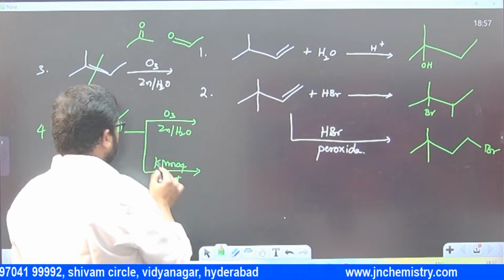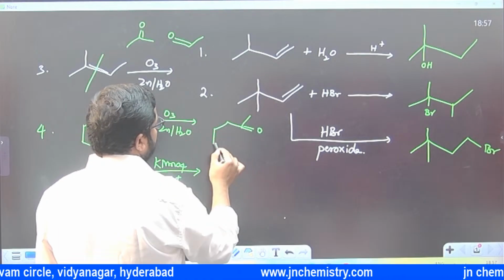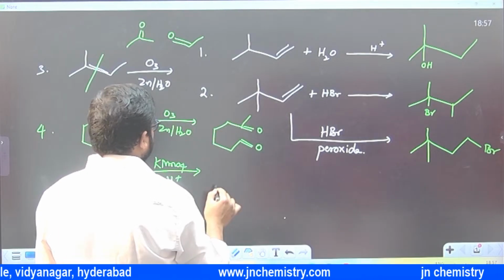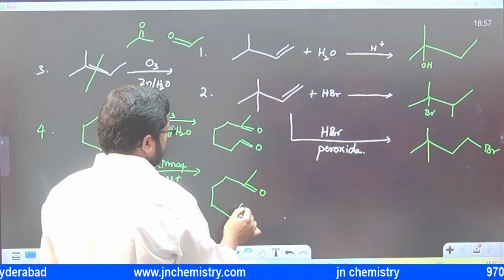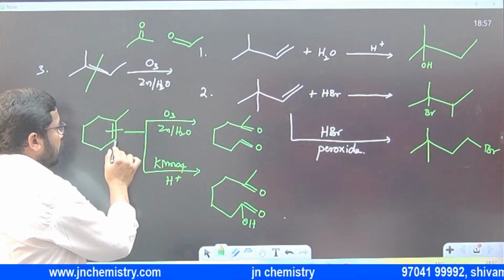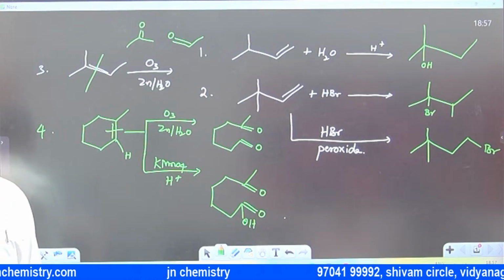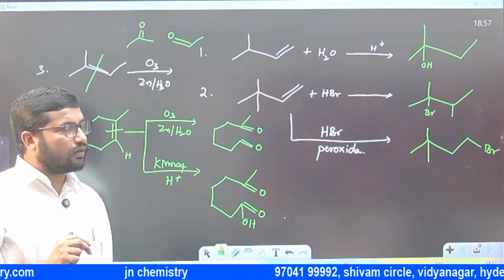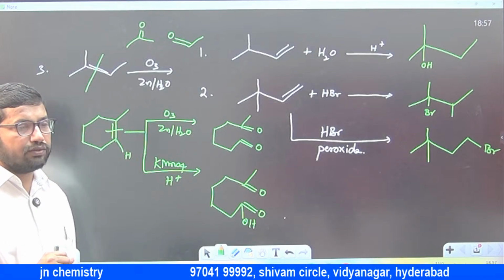In this case, break the bond here. Double bond O, double bond O. That hydrogen is converted into OH in KMnO4 in presence of H plus. Write the products.